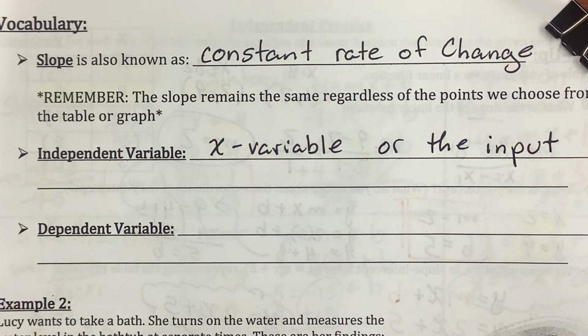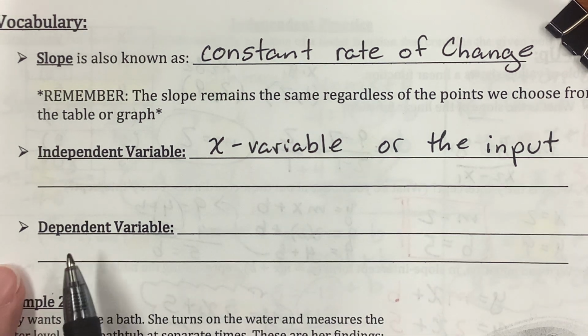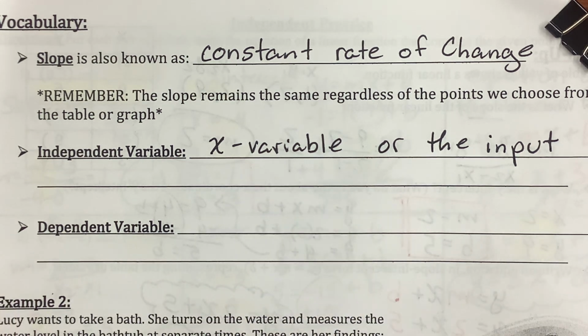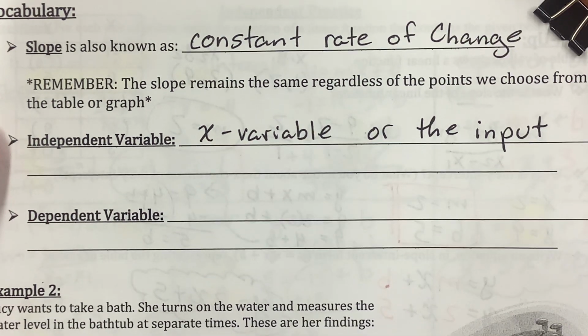Usually, the thing that you put into the equation, the x variable, is time. So time is going to be the horizontal line on a graph. It's the input, the x values, and most of the time it's going to be time.